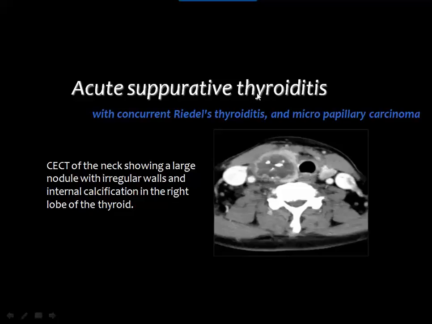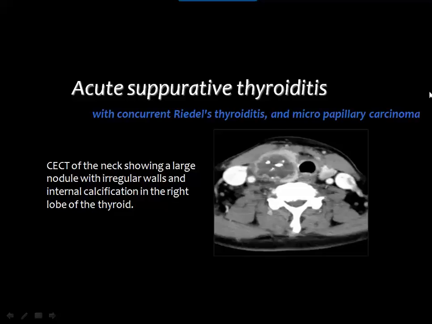In this particular example, you see acute suppurative thyroiditis with radial thyroiditis and on top micropapillary carcinoma as well. But all you see in the imaging finding is a lesion which is marginally enhancing with necrotic center and matrix calcification.